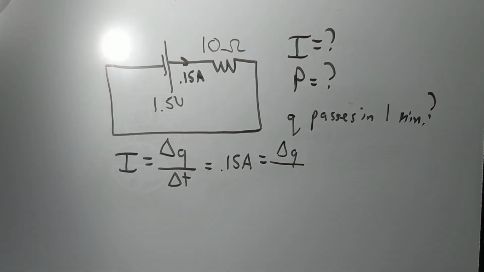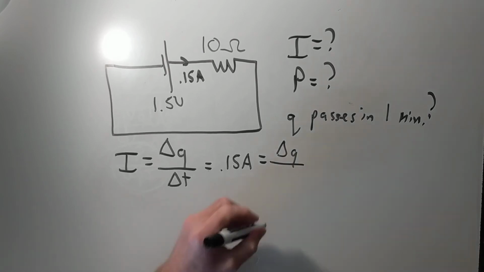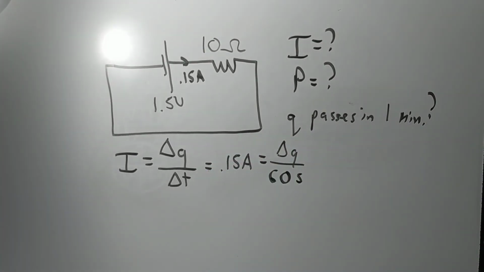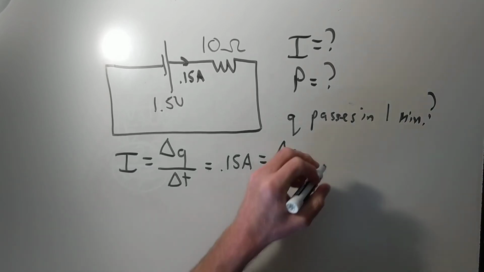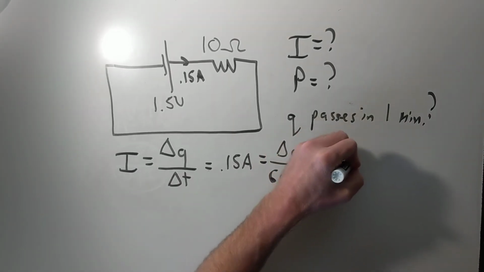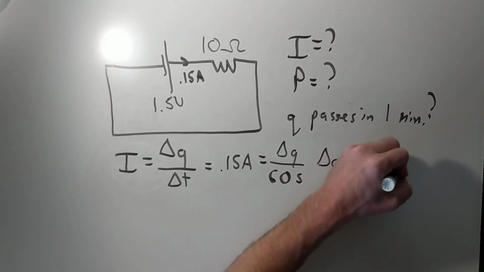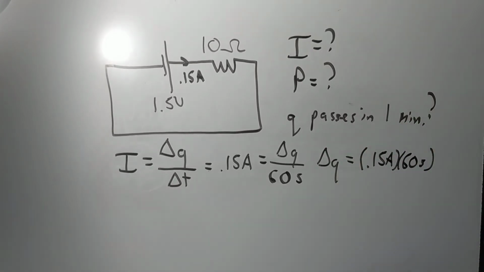We have to put that in seconds because this is an SI unit and needs to be brought over into seconds. So to find the charge, it's 0.15 times 60. That's 0.15 amps times 60 seconds.